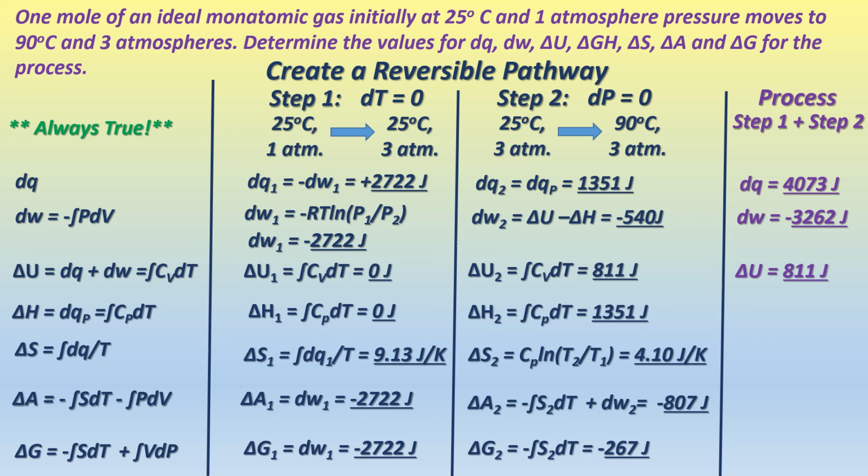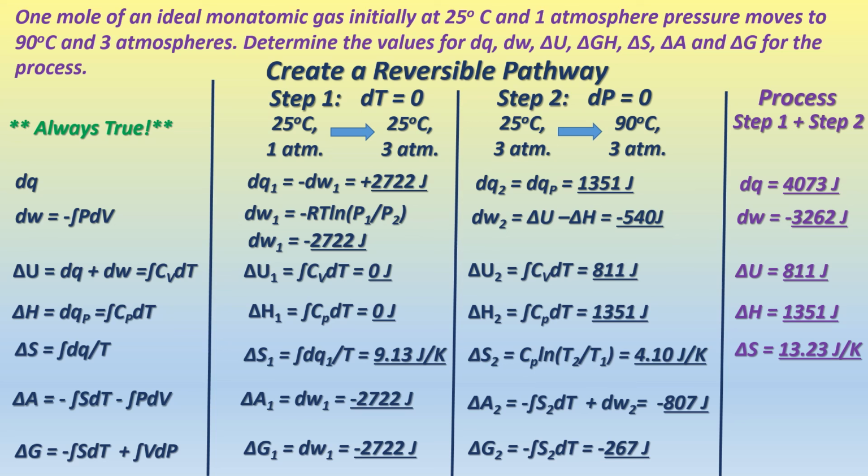Delta U, 0 plus 811 is 811. Also, in this case, if you wish to check, the definition of delta U is dQ plus dW. If you add 4,073 minus 3,262, you wind up at the same 811 joules. Enthalpy, 0 plus 1,351 is a positive 1,351 joules.